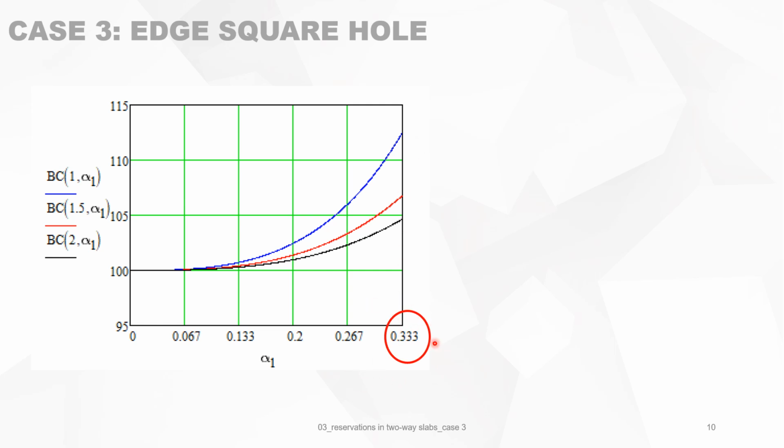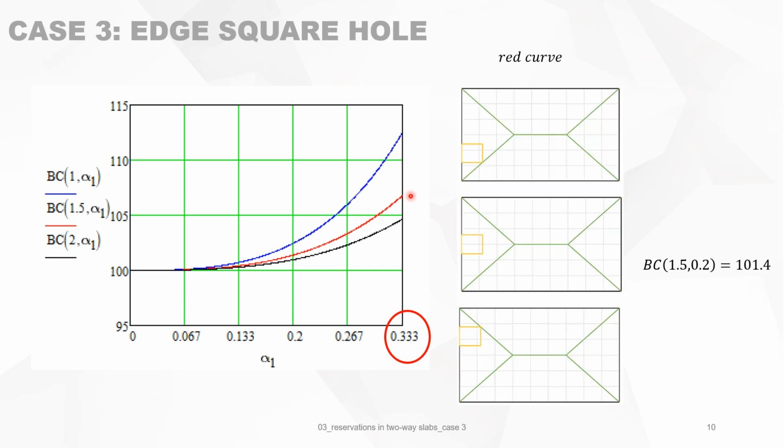Now let's take this interesting point, which is 1/3 of A, and let's take the red curve here to give you just a visual indication. It is a hole like that for the red curve. It's 1.5. It means this is 1.5 times this, and function of alpha 1, and this is alpha 1.